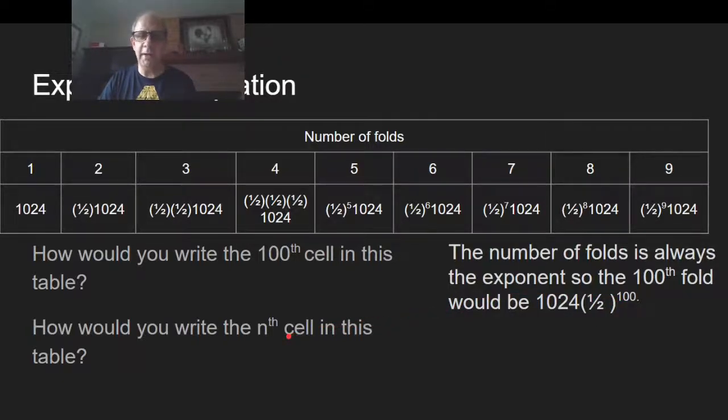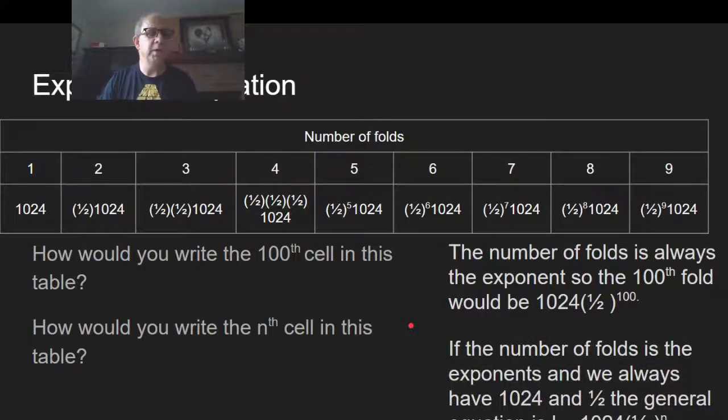What about the nth time? What would that be? Think about it. It's going to look like this, but what is changing? That would be 1,024 times a half to the nth power.